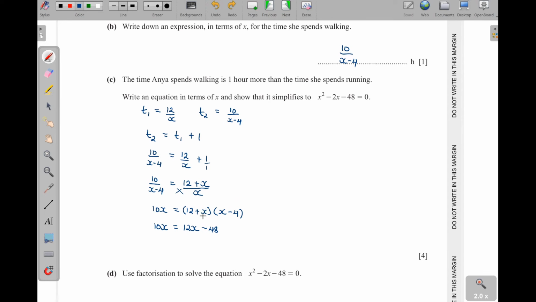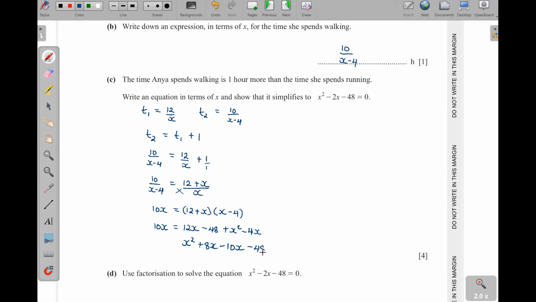Now we go to x times everything here. So we shall get x squared, then minus 4x. Bringing this to the other side, we shall have x squared. This is 12x minus 4x, that one will give us 8x. But when this one crosses, it is a negative, so minus 10x.